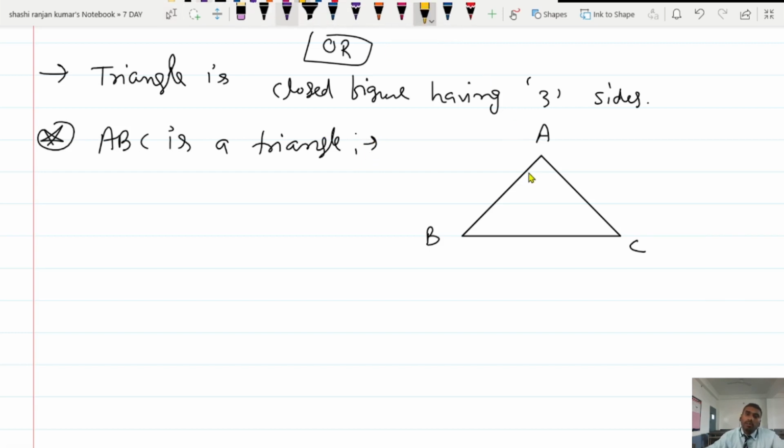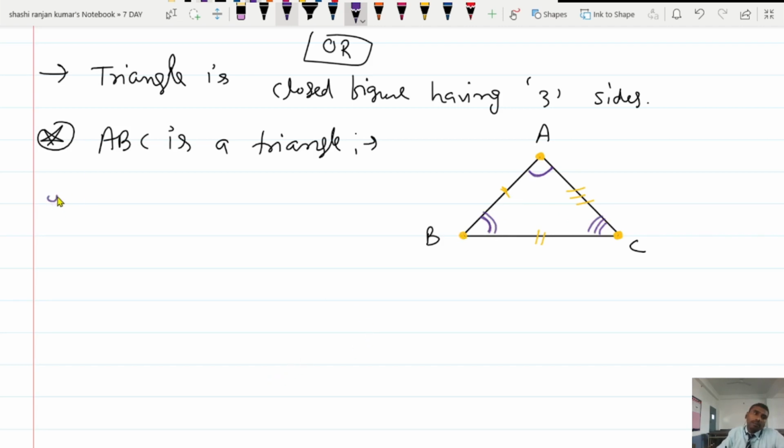This point A, this point B, and this point C are known as the vertices of the triangle. This side AB, other side BC, and one side AC are known as the sides of the triangle. And you can see three angles are also there. So in a triangle we have three sides, three vertices, and three angles.